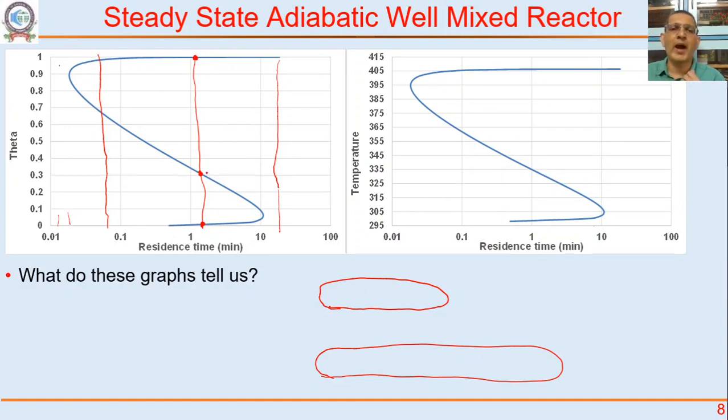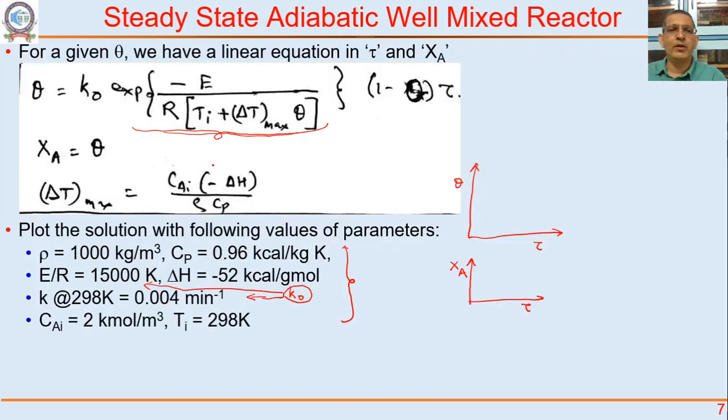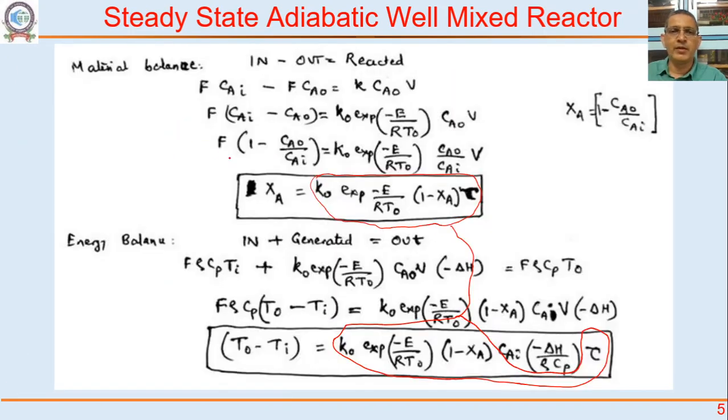In terms of why these are happening, it is because of my heat removal rate by way of the flow rate. You can think of heat removal rate as in minus out: F rho Cp T naught minus F rho Cp Ti. So this is our heat removal rate, if you like.